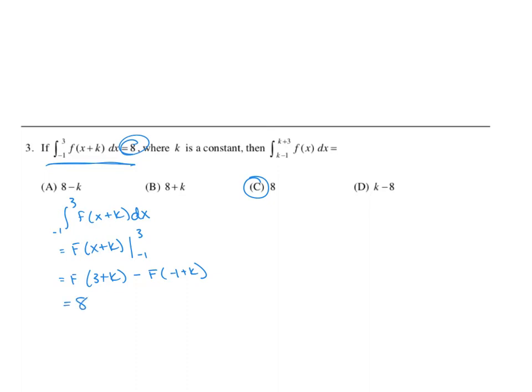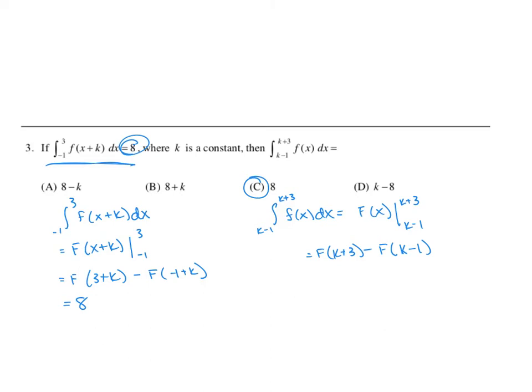If we look at the other side, so if I have the integral from k minus 1 to k plus 3 of f of x dx, I would take the antiderivative, which again would be big F, going from k minus 1 to k plus 3. So that would be F of k plus 3 minus F of k minus 1.